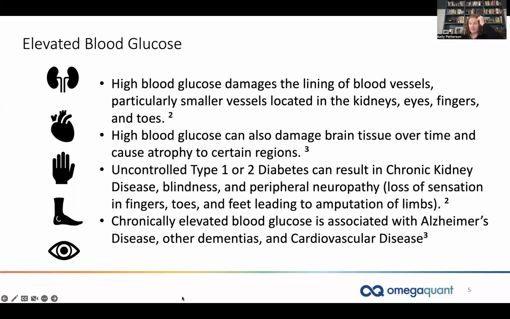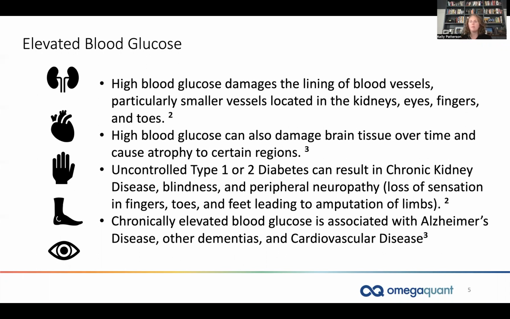So why do we care about any of this? Why is blood glucose a problem? Blood glucose in and of itself isn't an issue, but high blood glucose is. Over time, high blood glucose basically makes your blood really thick. And when blood is really, really thick, think about trying to suck up a really thick milkshake through a really tiny straw.